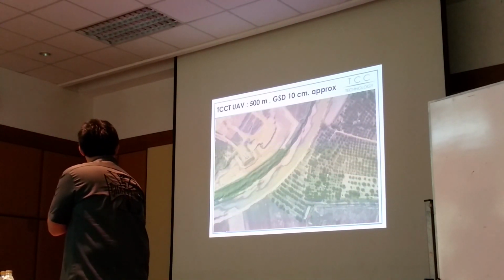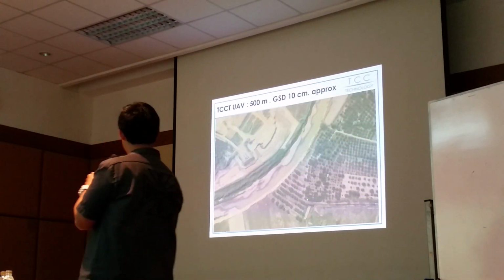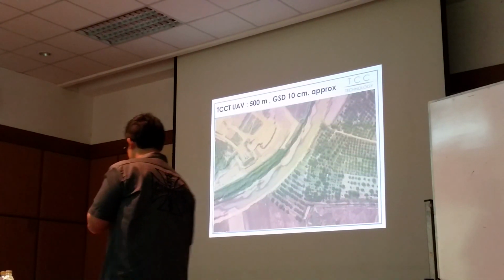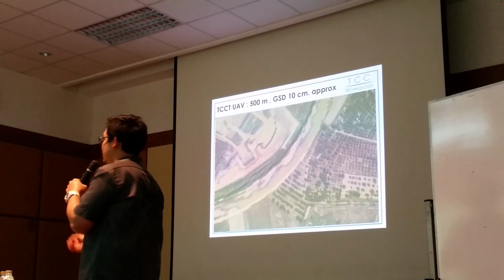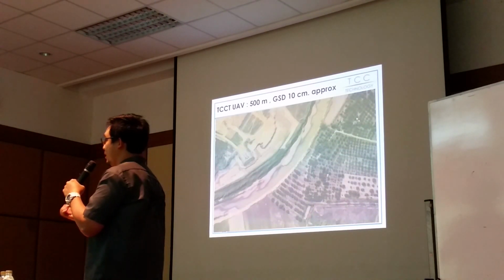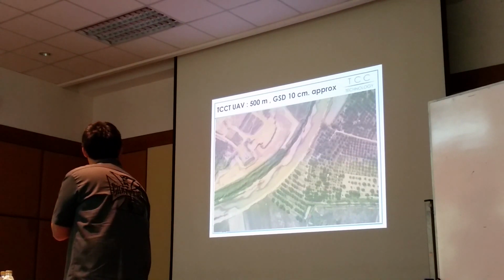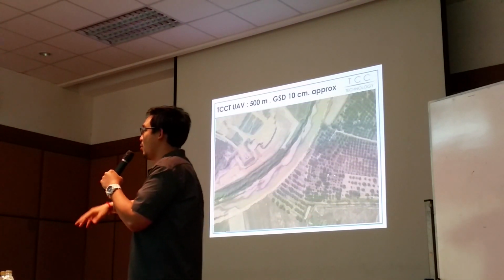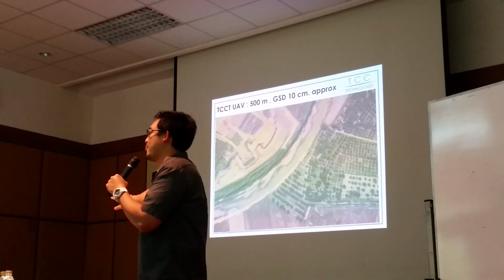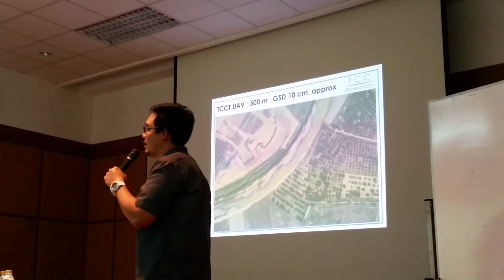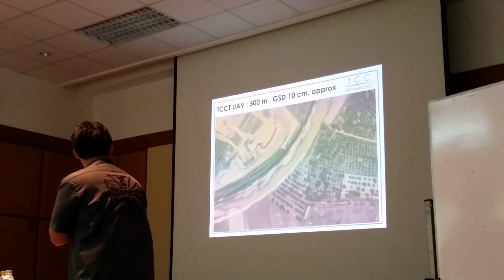We can count the crop, right? How many trees? Maybe in this area the age of the crop is more than this size, something like that. So we can do zoning. Oh, in this area, the age of the crop is 3 years. This area is 7 years, or something like that. We can do zoning in GIS.